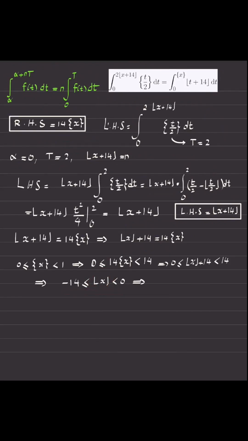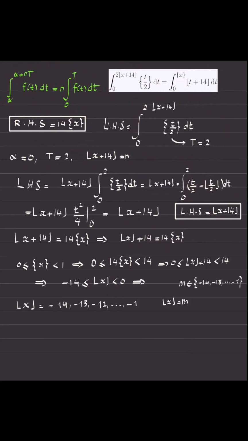So this means that the floor of x is either minus 14, or minus 13, or minus 12, and so on, up to minus 1. For simplicity of writing, let me call the floor of x m, where m belongs to this set: minus 14, minus 13, up to minus 1.